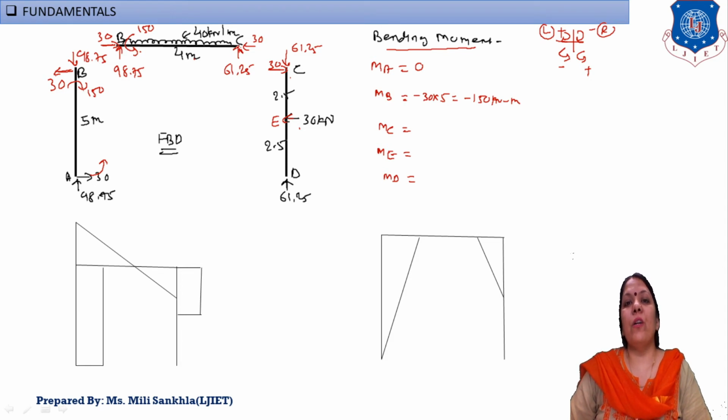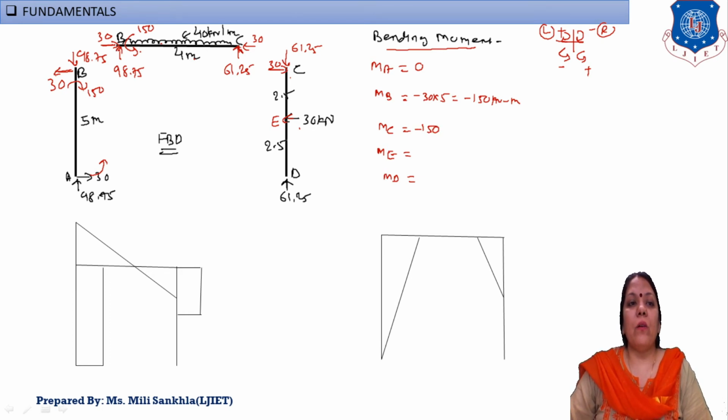Now turn to find moment at C one by one. At moment at C, left hand side, 3 loads induce moment. First is the moment given, the point load also induces moment, and this UDL also induces moment. Now one by one, clockwise is taken positive and anti-clockwise is taken minus for calculation only. Then sign convention is given with respect to left and right. Okay, here anti-clockwise minus, so write down minus 150.